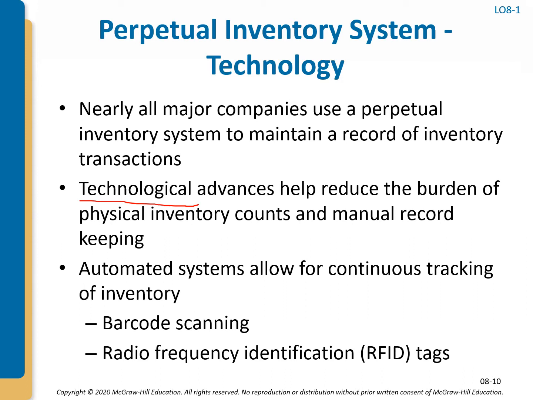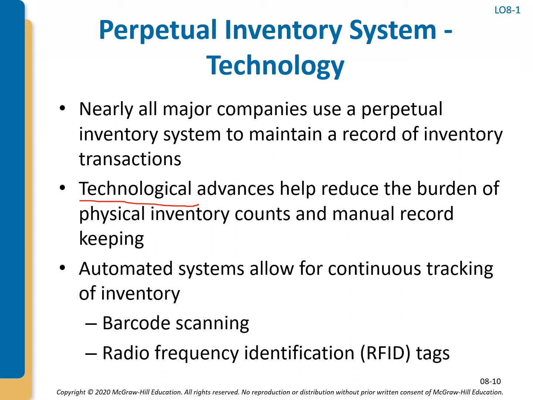Automated systems allow for continuous tracking of inventory, for example, barcode scanning or RFIDs. Because of all of these advances, the perpetual inventory system has been simplified, and because of all the benefits that it has, mainly that it helps to keep track of what items you have on hand, you find that most companies, certainly all the large companies, use the perpetual inventory system.